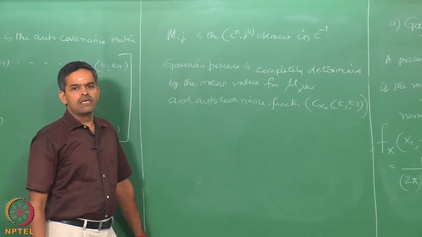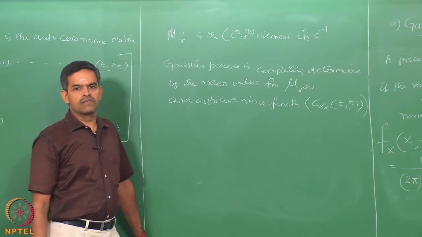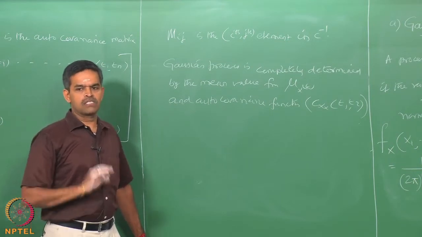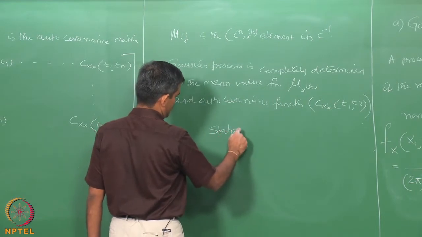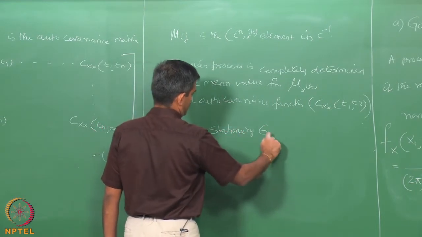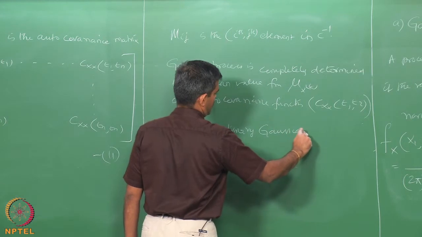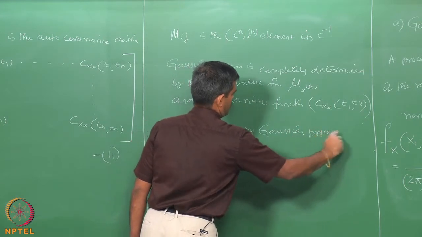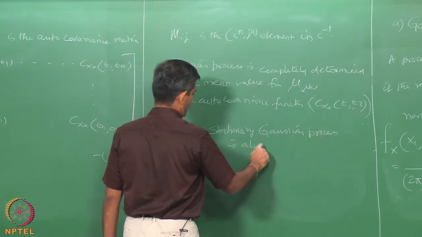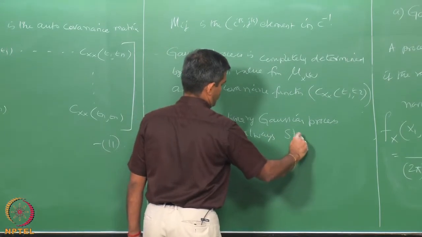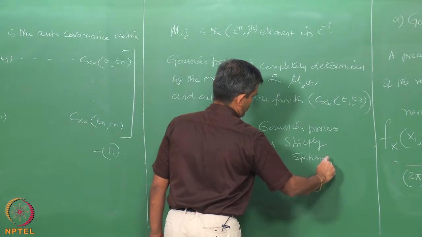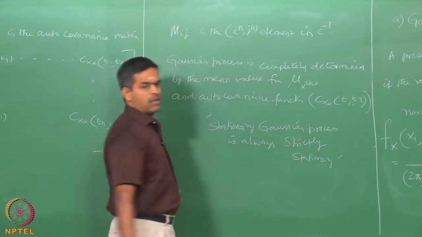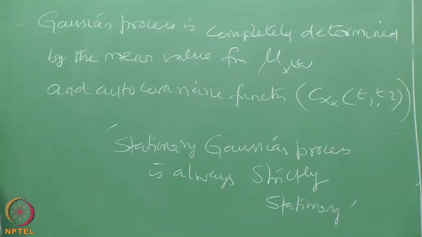Therefore, interestingly, a stationary Gaussian process is always strictly stationary. Okay. It cannot be weakly stationary at all.